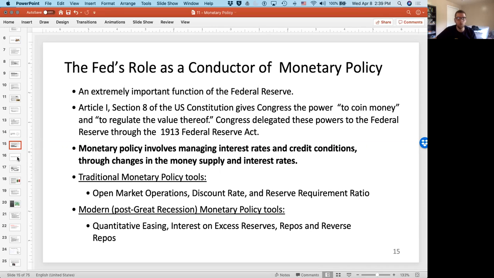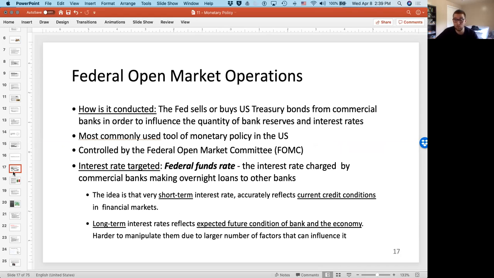Okay, so let's go over traditional economic policy as I just described. So selling and buying treasury bonds, right? When the banks buy and sell treasury bonds, the Fed can regulate what they call the federal funds rate, right? So if they want to expand, they start buying these T-bonds.